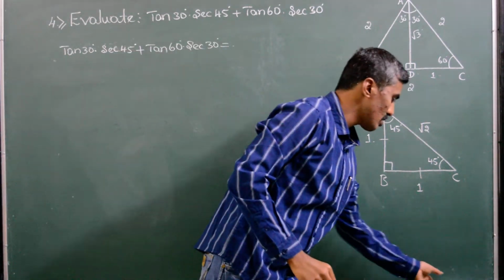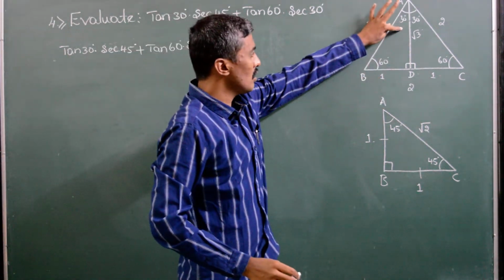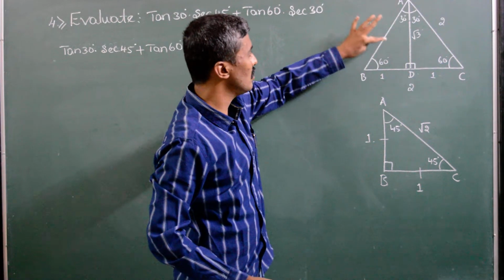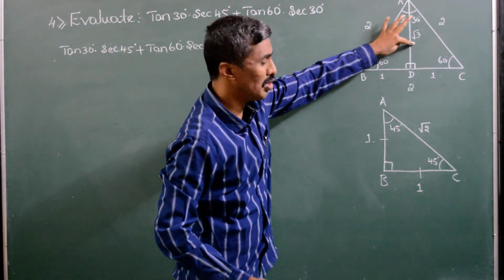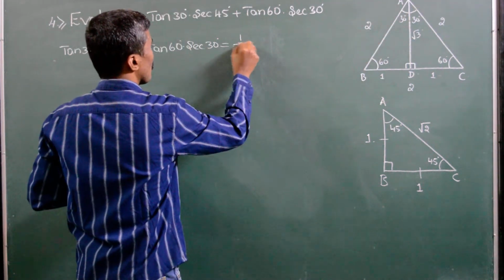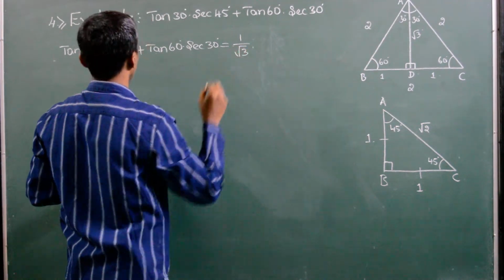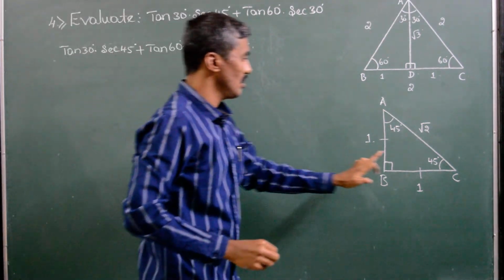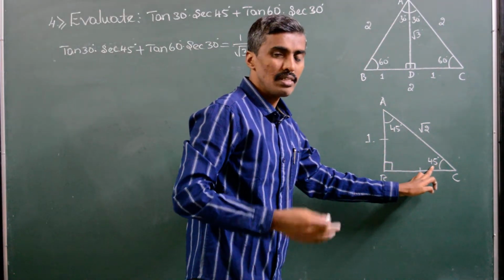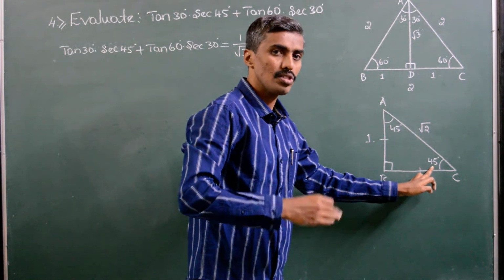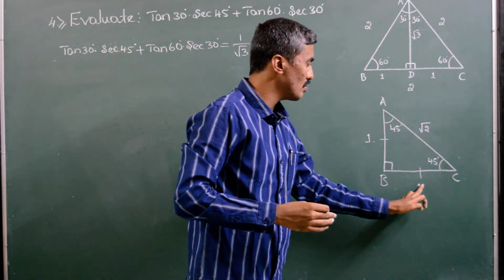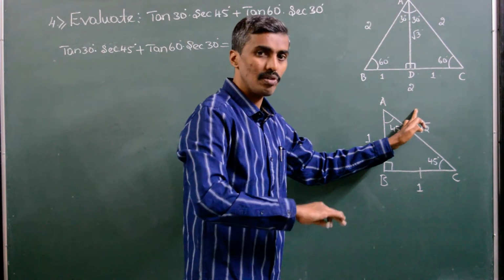Tan 30 degree. What is tan theta? Tan theta is opposite side by adjacent side, so 1 by root 3. Next, secant 45. Secant theta is the reciprocal of cos theta. What is cos theta? Adjacent side by hypotenuse. Reciprocal of cos is secant.